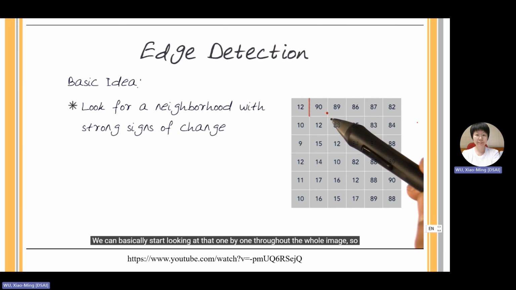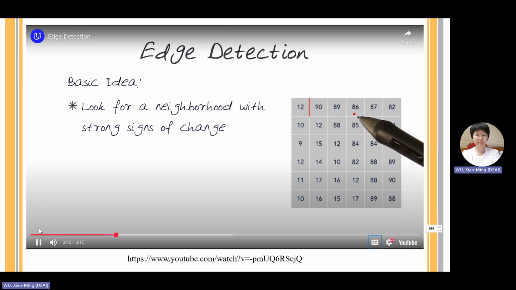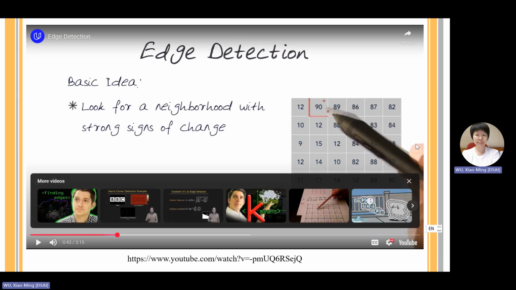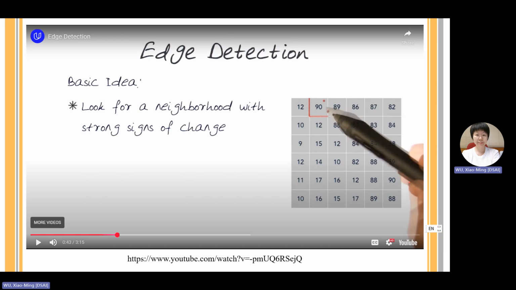We can basically start looking at that one by one throughout the whole image. So remember, when we look for edges, we want to look for significant change or significant discontinuity. From 12 to 90, there's an edge here because there's a significant change in the pixel values.